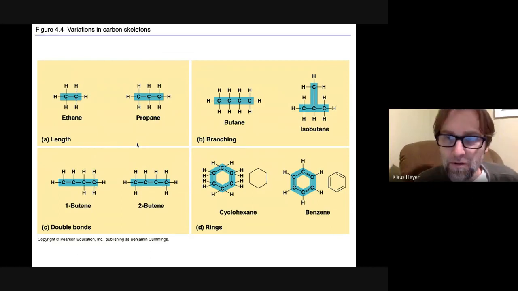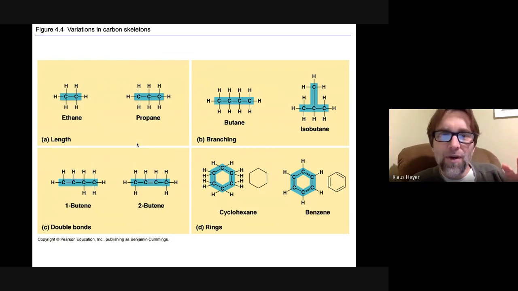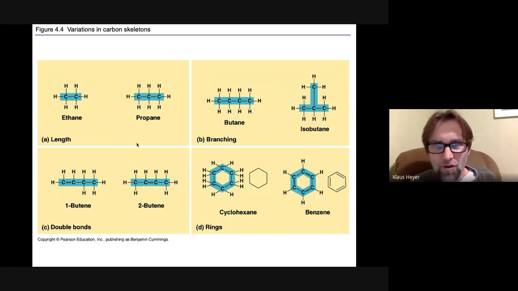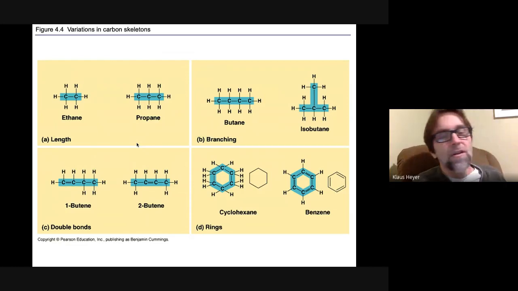In my other notes, I was using the Mr. Potato Head analogy, and I was saying that the potato part of Mr. Potato Head is the carbon skeleton, the hydrocarbon. Then we're going to attach different things to it to make it look like a different molecule.